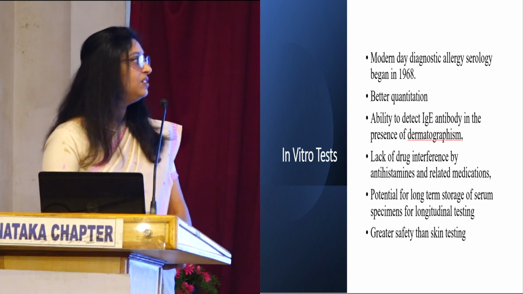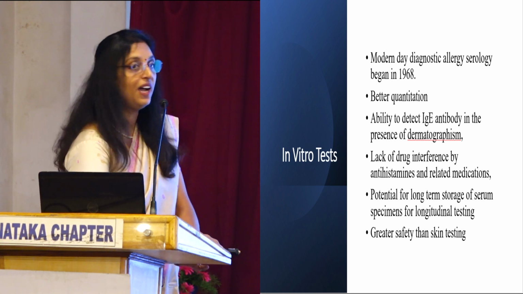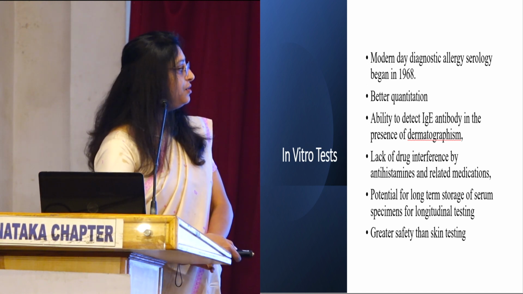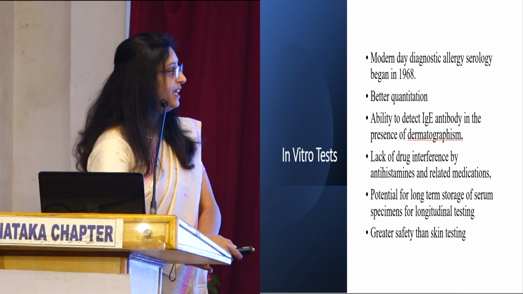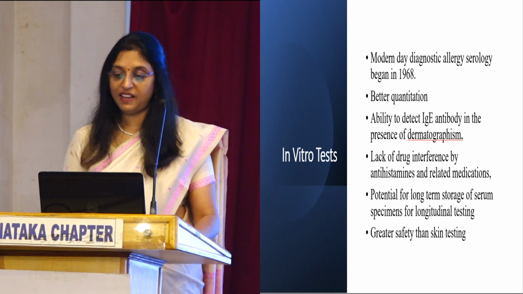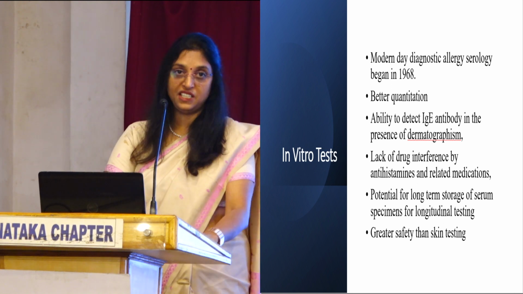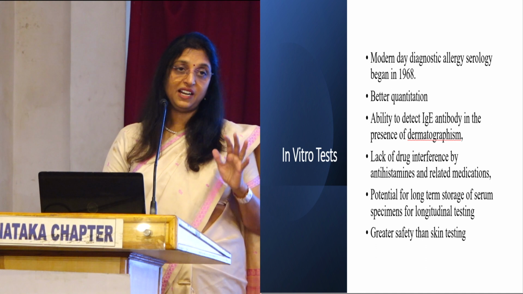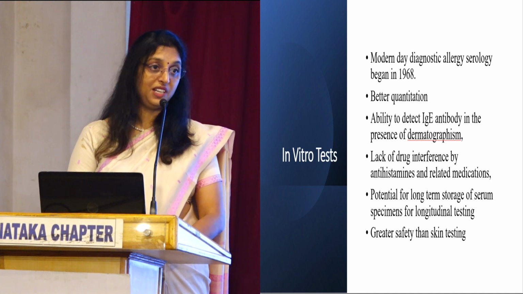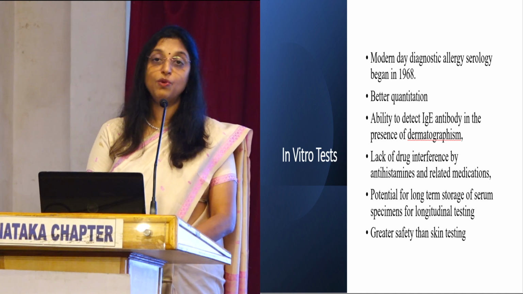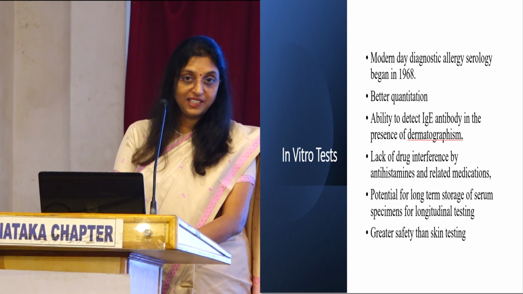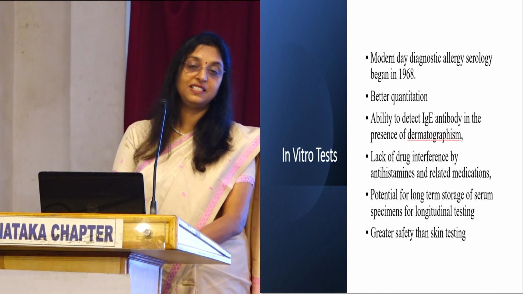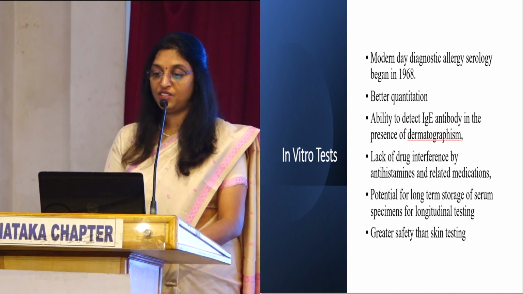So moving on, as I said, there are different challenges with the skin prick test and intracutaneous test. So now we are going in for in vitro tests, which are the modern day tests, which give you a quantitative assay of the specific IgE. In all of these allergy tests, the testing mechanisms available for diagnosis are only for specific IgE testing, because we do not really have tests for other cells which come into play in the diagnosis of allergy.